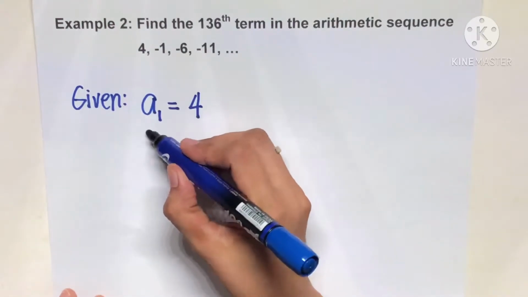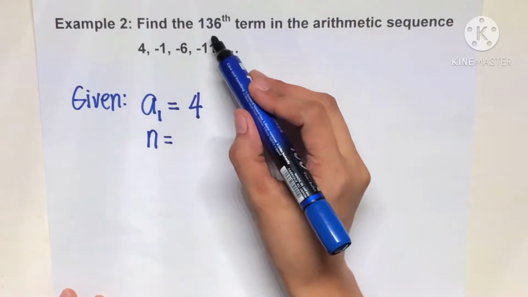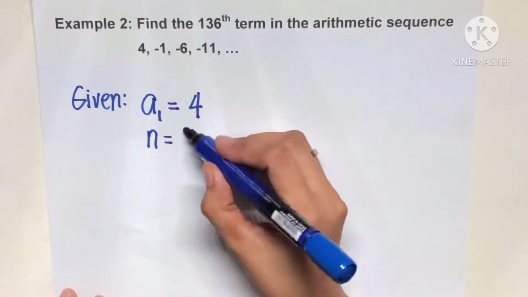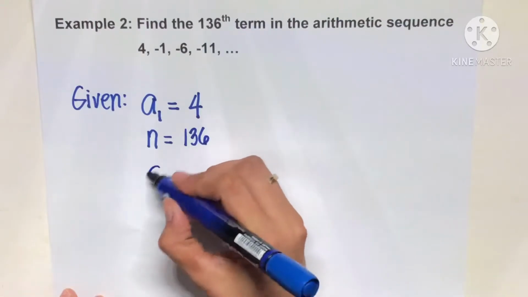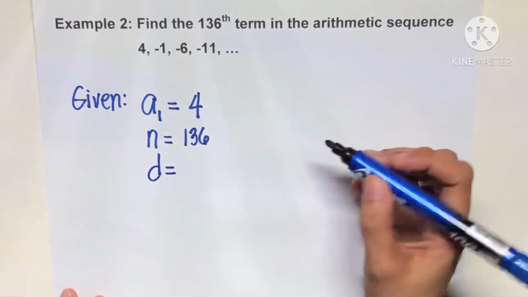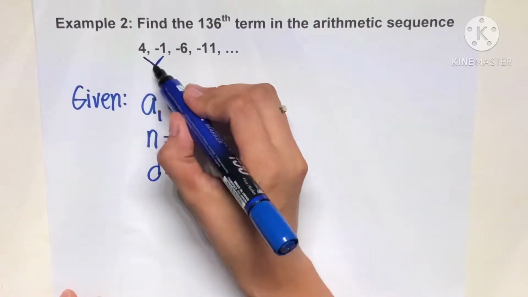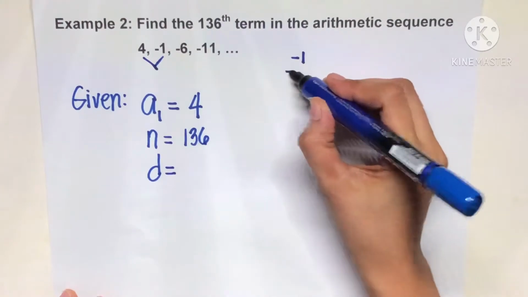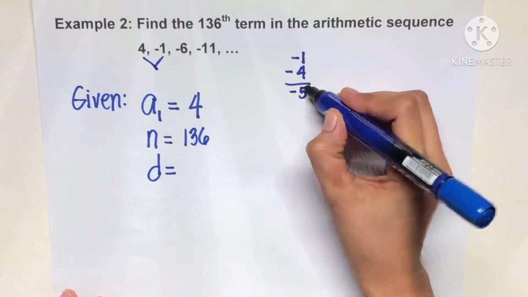So our n, since we will find the 136th term, is 136. Okay, so for the common difference d, we have to subtract, negative 1 minus 4. So negative 1 minus 4 is equal to negative 5.